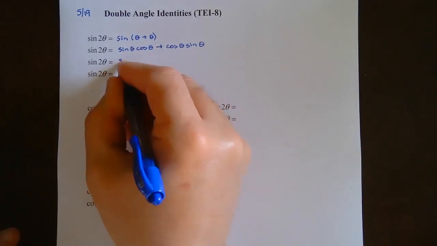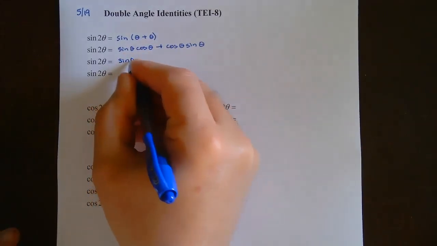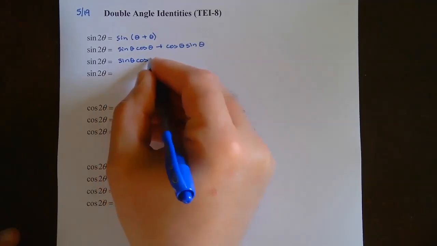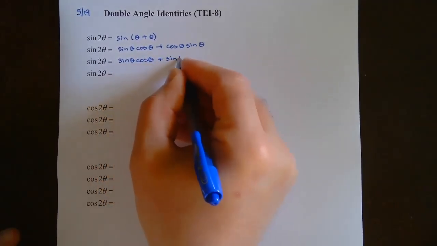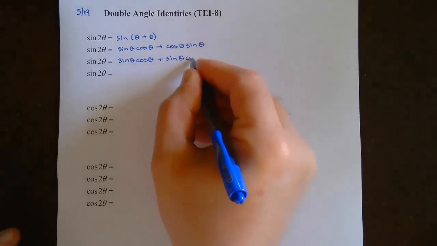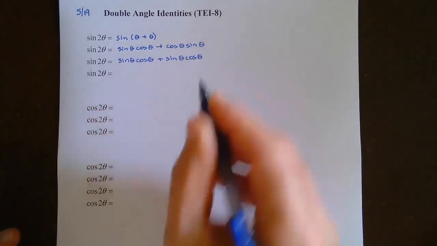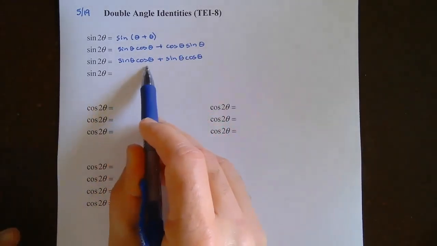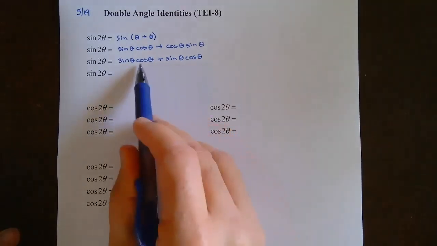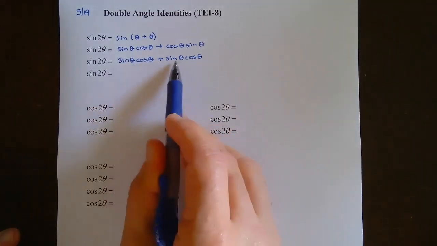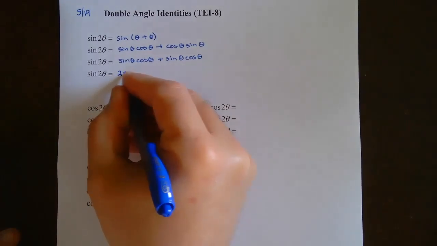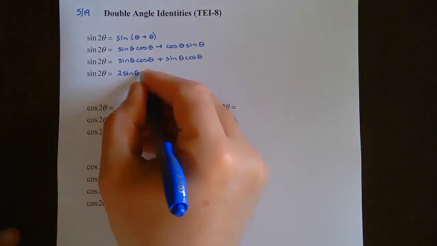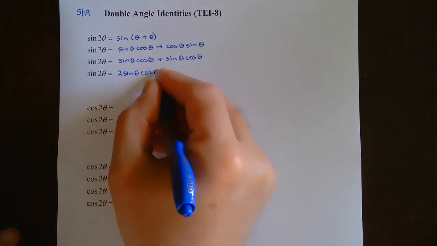So this becomes sine theta cosine theta plus sine theta cosine theta. We have the same thing here, so we have two of them. So sine of 2 theta is 2 sine theta cosine theta.